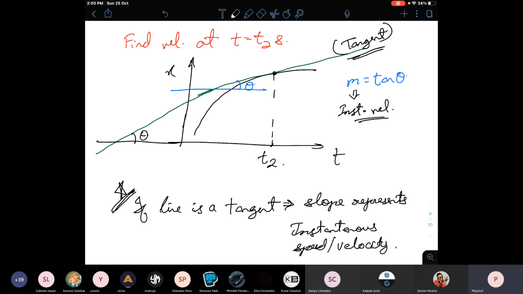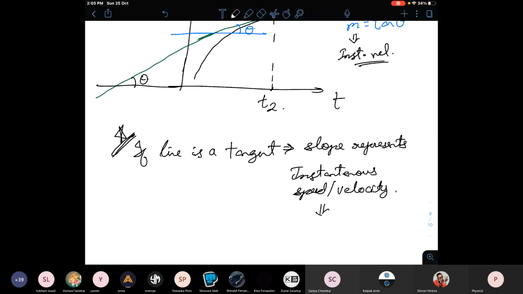So you can write: the way or method to calculate slope is differentiation. We will see this method in the next class.